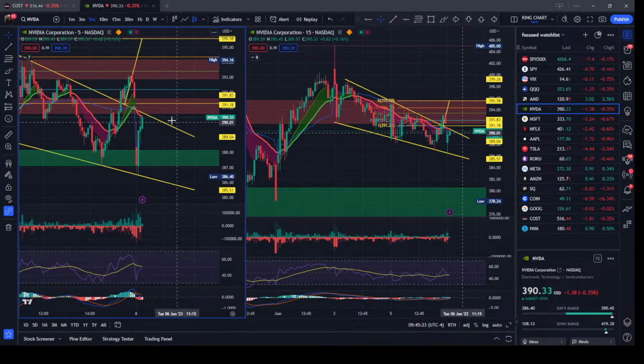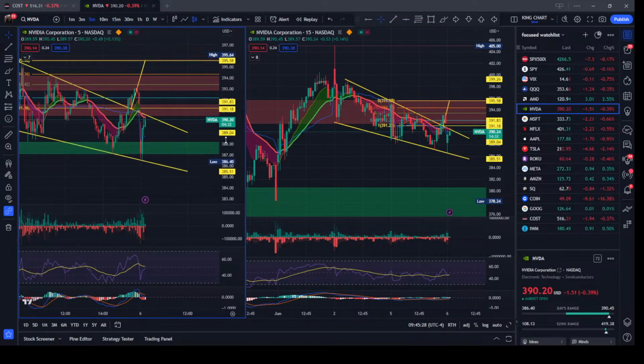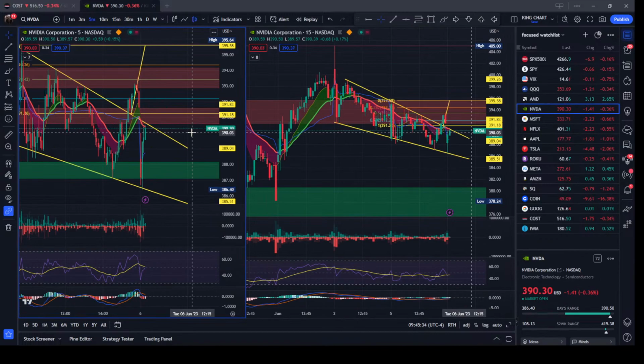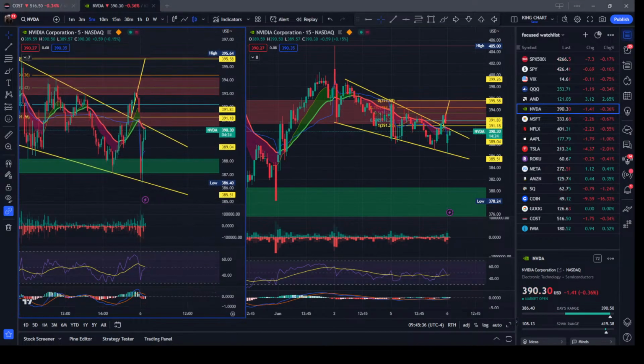Nvidia, if it breaks over this trend line, it'll be a good place for calls. Man, AMD, crazy. Chips are so strong today, guys. Crazy.